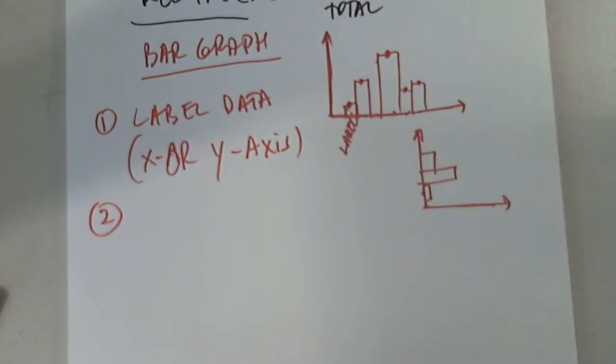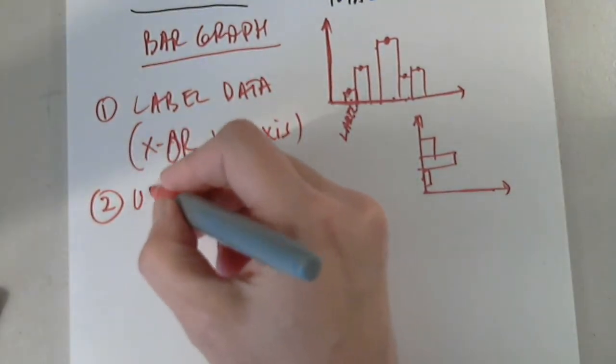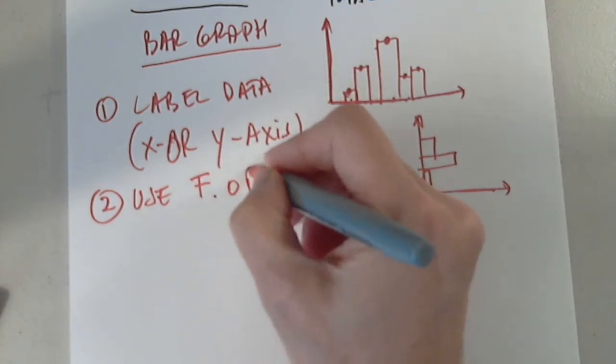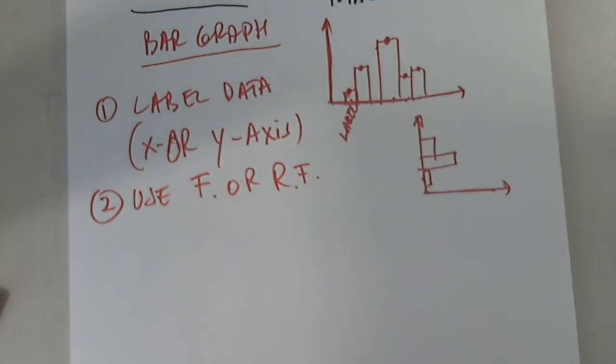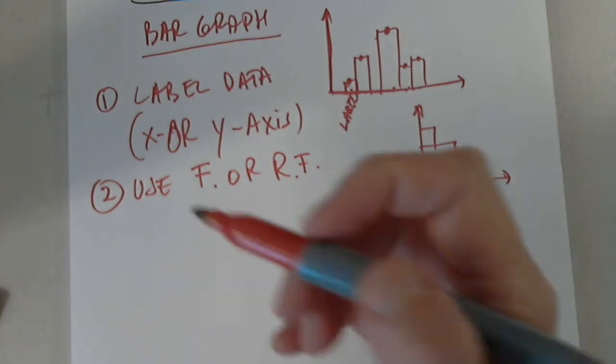Number 2, we use the frequency or relative frequency on the other axis.